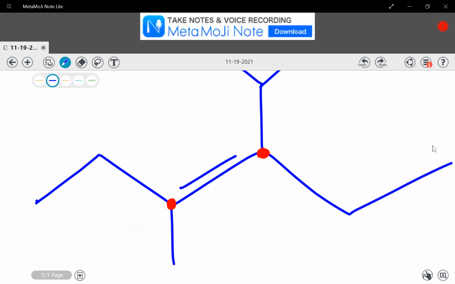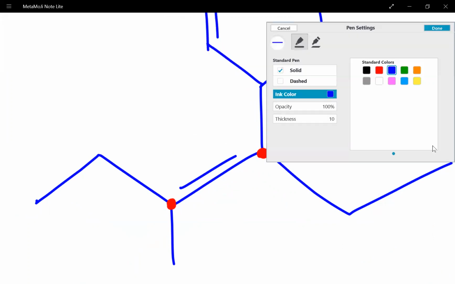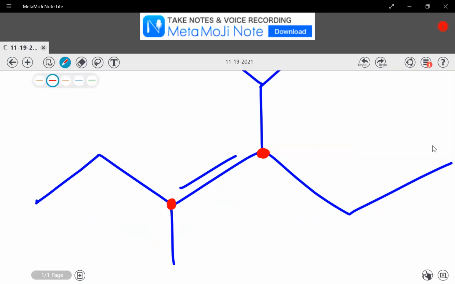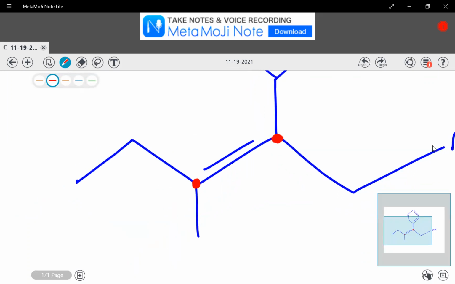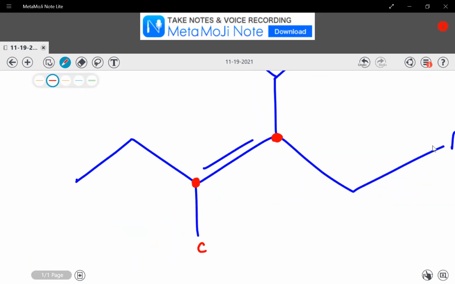So let's go. We have our chiral center right here, and now we find the heaviest atom attached to that chiral center. Got a carbon here, another carbon here, another carbon here. They're all carbons.